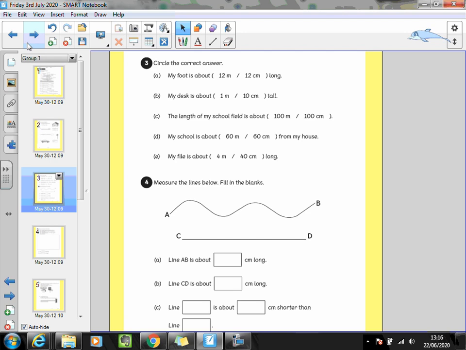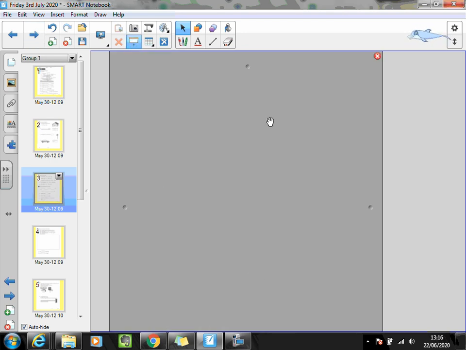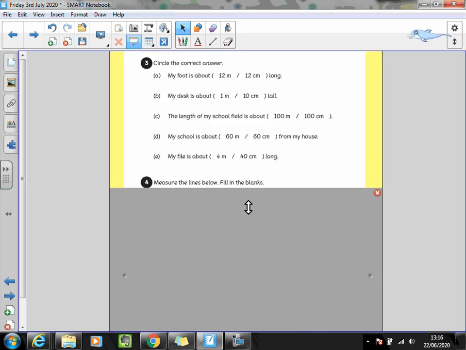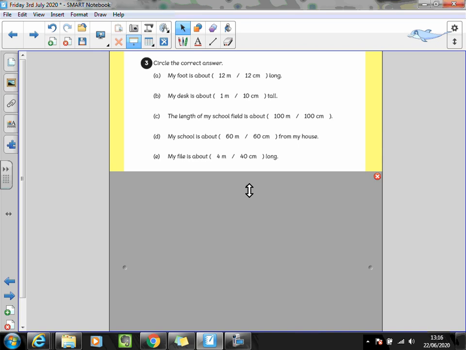Question 3. Can you circle the correct answer? So again, using your knowledge about whether you would use metres to measure or centimetres to measure. So 3a, my foot is about 12 metres or 12 centimetres long. Question B, my desk is about 1 metre long, 1 metre tall or 10 centimetres tall.